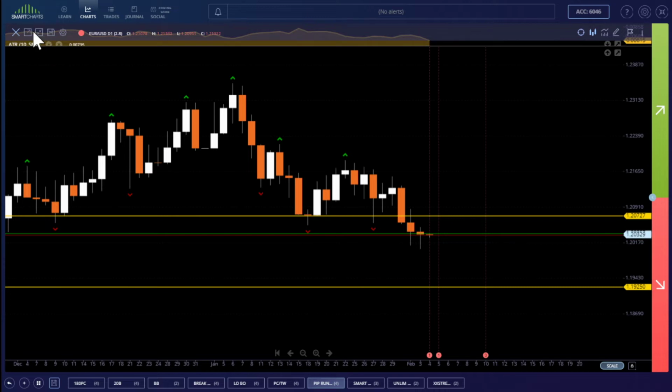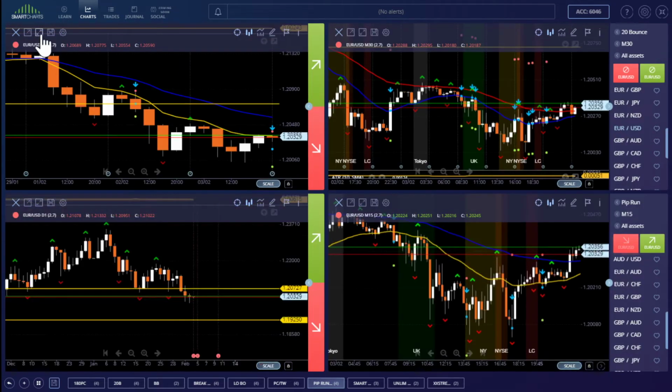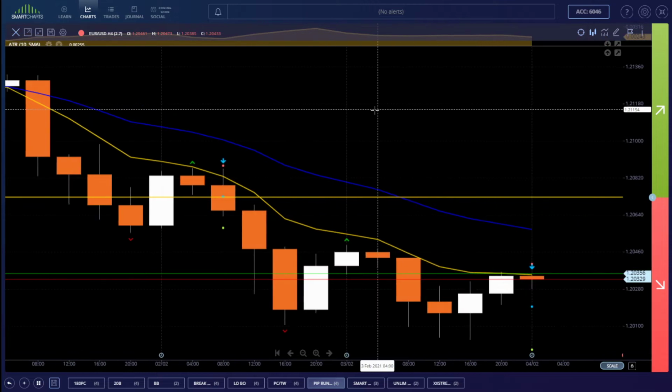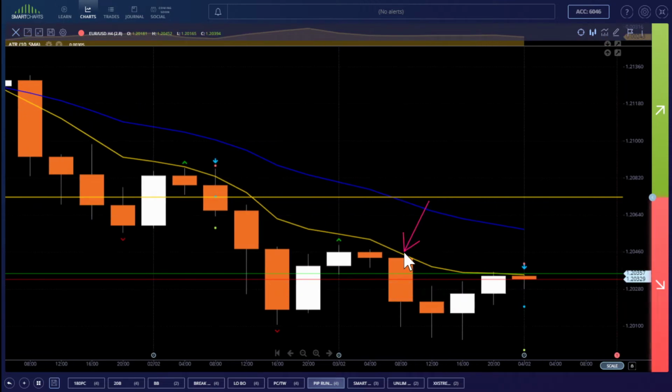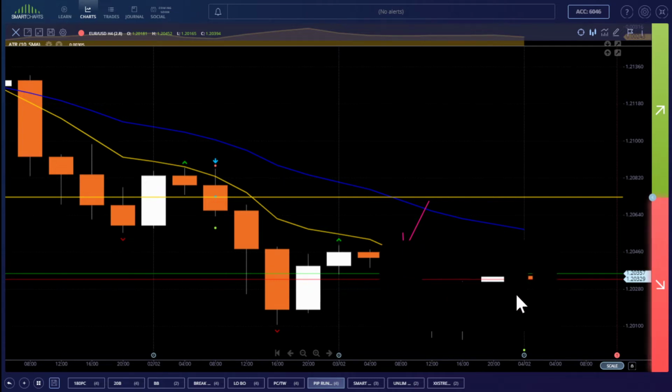Let's go to the 4-hour chart. Okay, it was in the UK Open, so that was this candle. All the history that we really had was, let's just make this bigger, we could only really see this.